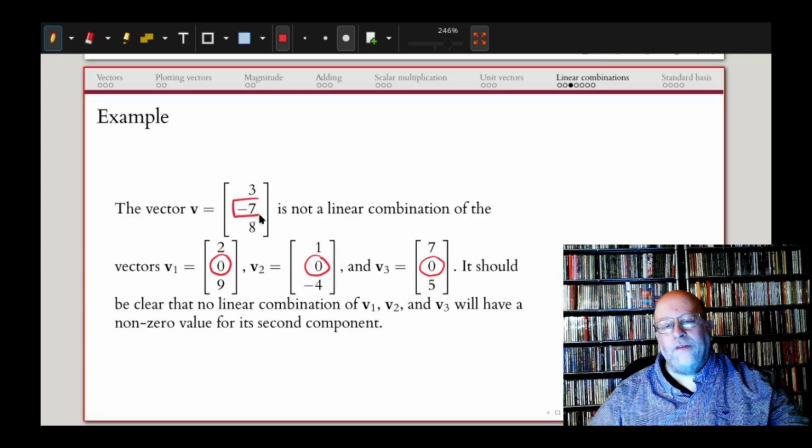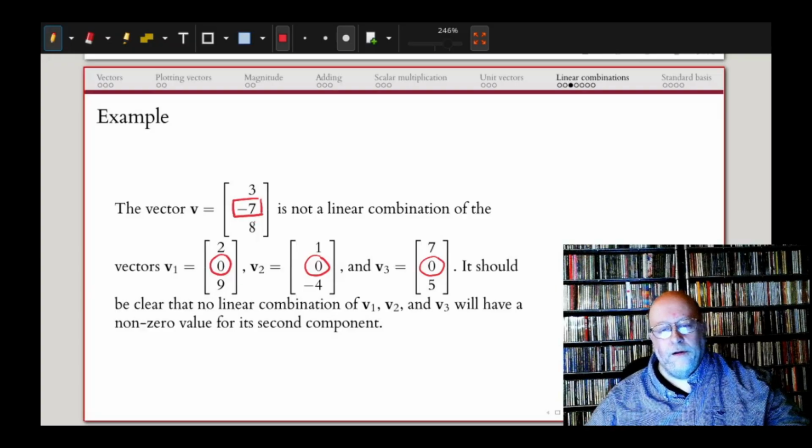And so it is not possible to build a vector with a negative 7 for the y-coordinate out of vectors that only have zeros for the y-coordinate. And so it's not possible to build a linear combination of v1, v2, and v3 that equals 3, negative 7, 8. So not all vector linear combinations are possible. This one is not.